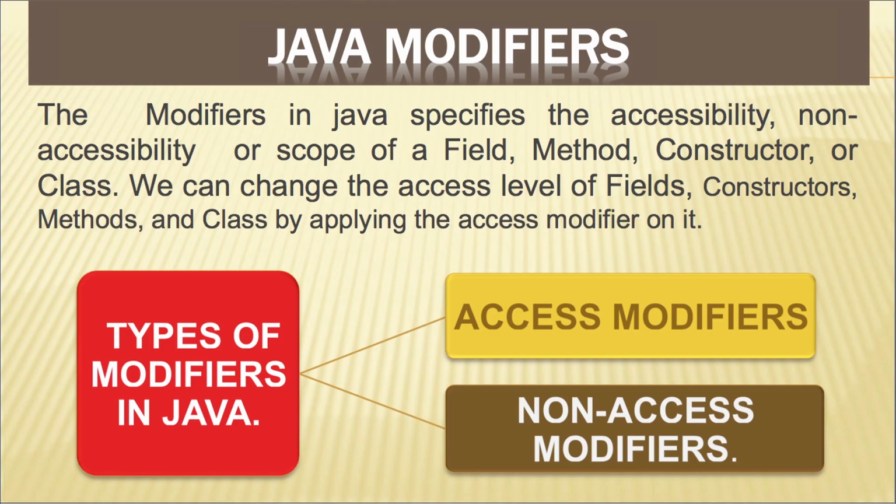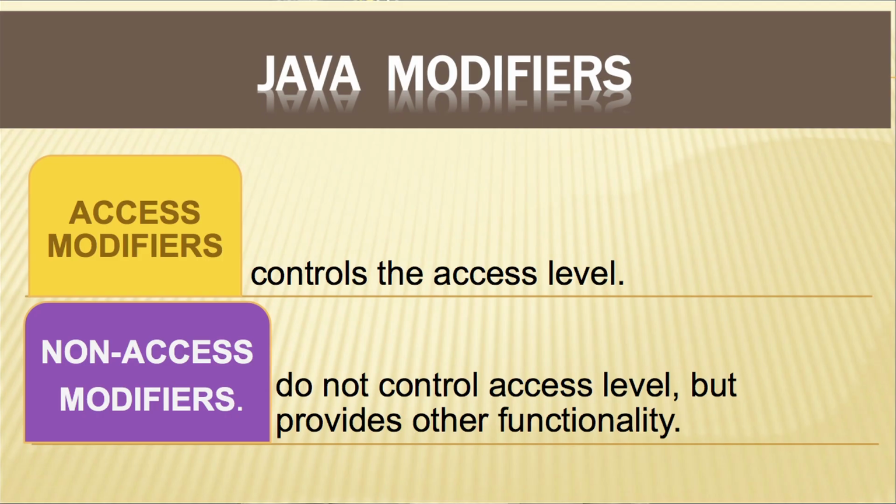First of all, I will explain what an access modifier is, what its types are, and how to program for these access modifiers. Access modifiers control the access level. However, non-access modifiers do not control access level but provide other functionality.